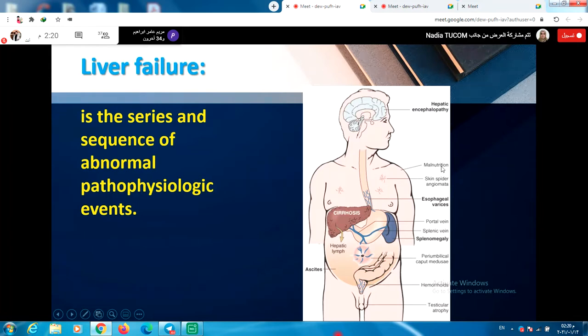Malnutrition results from impaired metabolism of nutrients and decreased production of proteins. Skin spider angiomas are related to decreased hepatic metabolism of circulating estrogen.